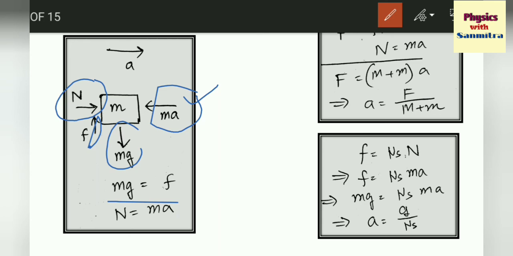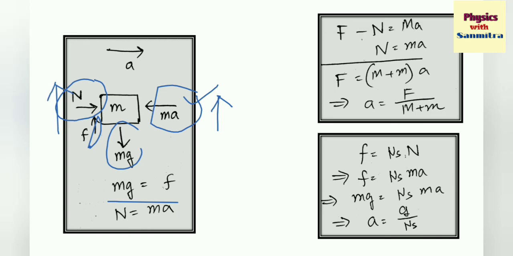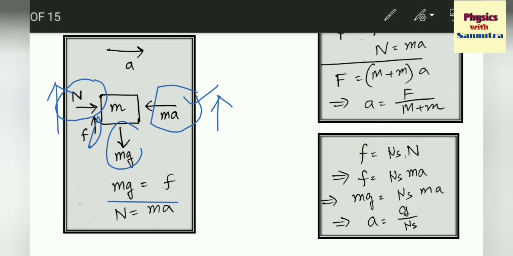If this small m into a is large enough, it will increase this N. For the limiting case, friction is equal to mu s into N. If N increases, then friction will also increase. If friction increases, then the block can be held by the friction forces.